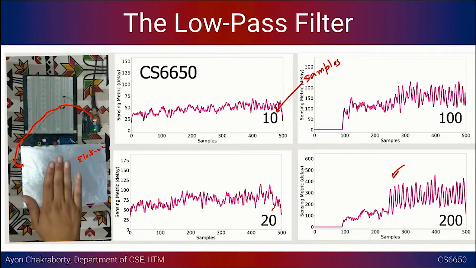So we still have a proximity sensor, and just by improving the heuristic that we built, and improving the low pass filter by having more samples in it, we could get a very nice idea about the periodic motion that we were doing with our hand without touching the electrode. That is very important. If you are touching and untouching the electrode, even with 10 samples you could get some kind of pattern like this, because you are physically touching.